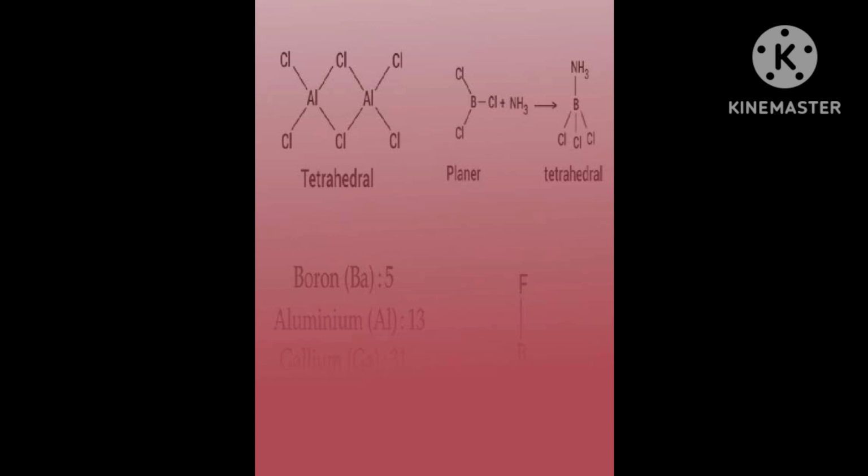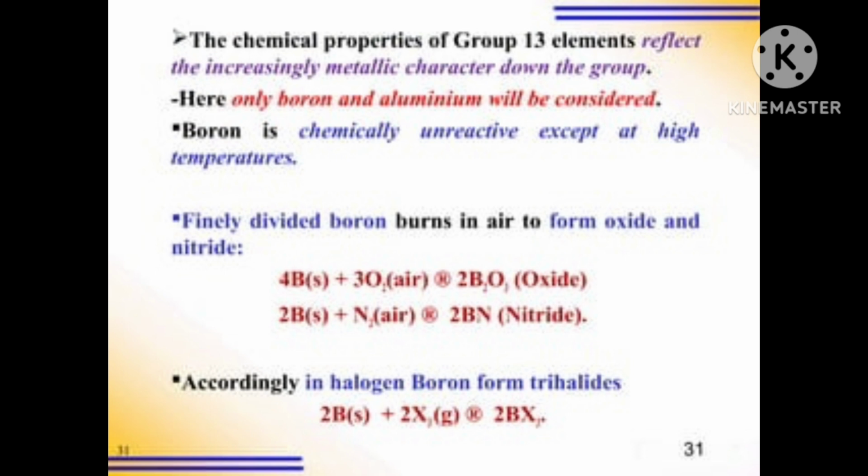Very, very important reaction: 2Al plus 2NaOH plus 6H2O. Three reactants are there: 2 aluminum plus 2 NaOH plus 6 H2O. It forms tetrahydroxoaluminate. The product is important.